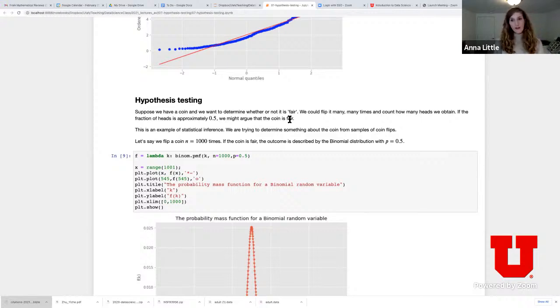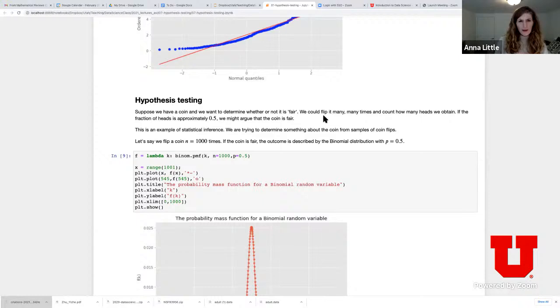Well, we could flip it many times and count how many heads we get. If the fraction of heads is about 0.5, then it seems reasonable that the coin is fair. However, here it gets a little hard to quantify exactly. How close to 0.5 should it be to be considered normal if the coin is fair?